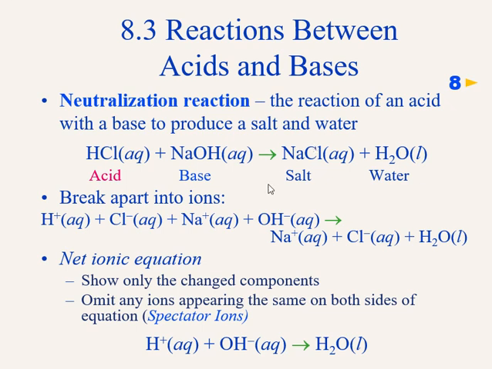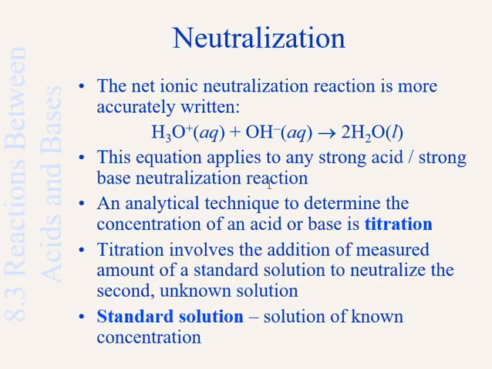Now, when acids and bases react and neutralization happens, we actually have a way to find out the concentration of an acid if we know the concentration of the base that reacted with it. Or we can find out the concentration of the base if we know the concentration of the acid that reacted with it.